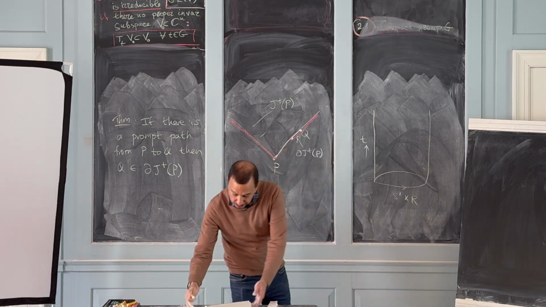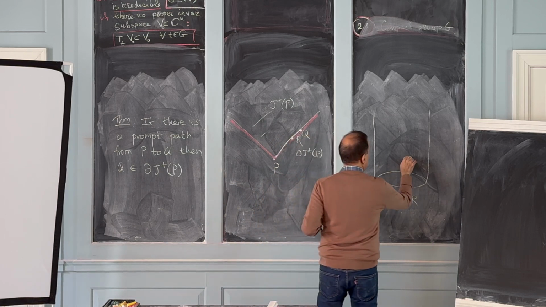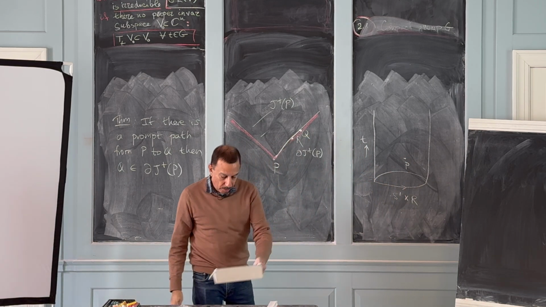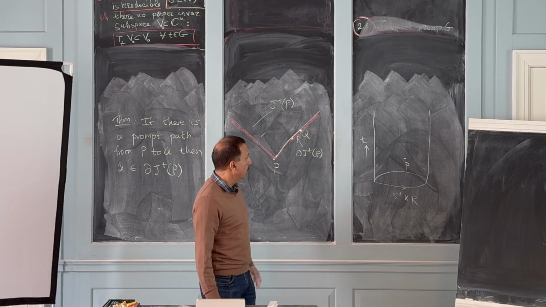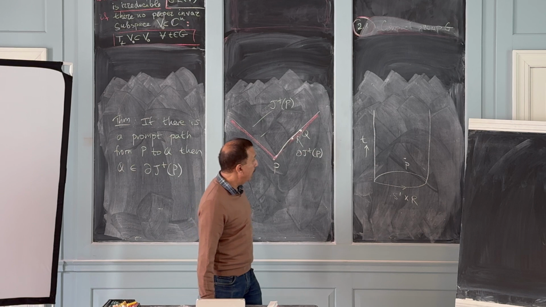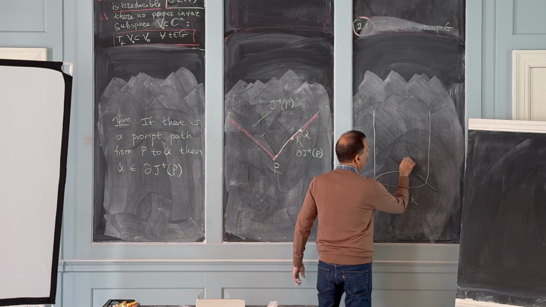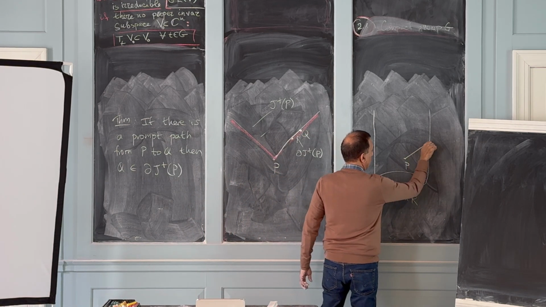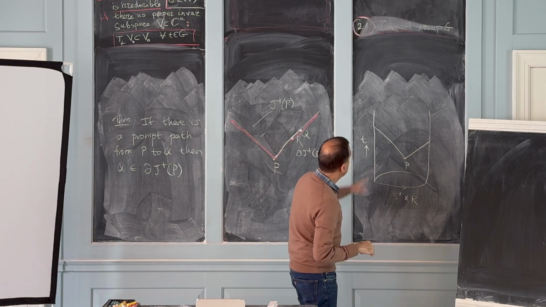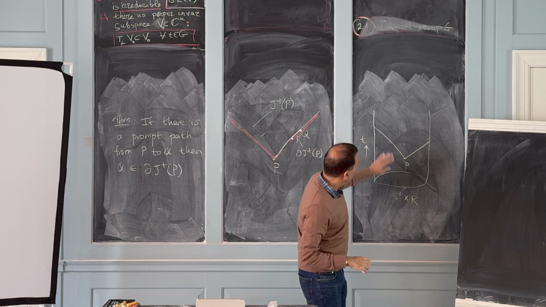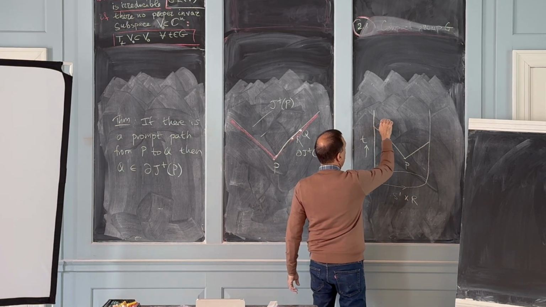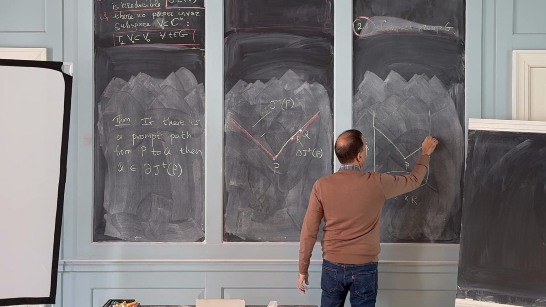So let me start by marking my original point P, which I will not change here. Let's now ask what is the causal future of P. Well, for that we'll need to send out a light cone, but then of course this is a circle, so this continues behind, so like this.